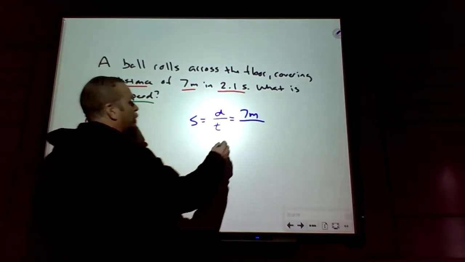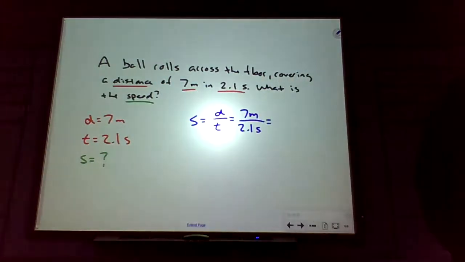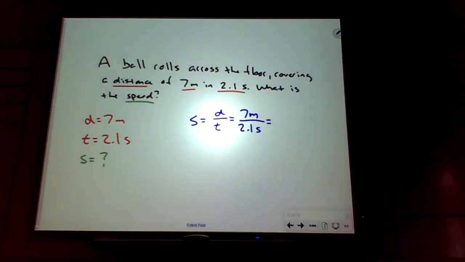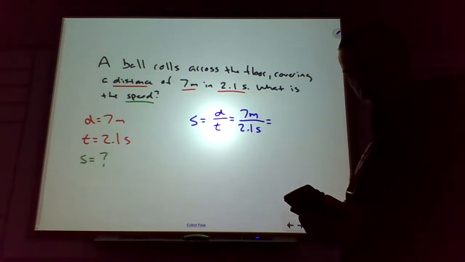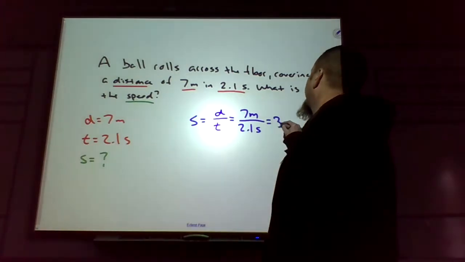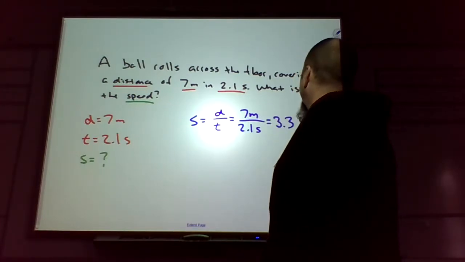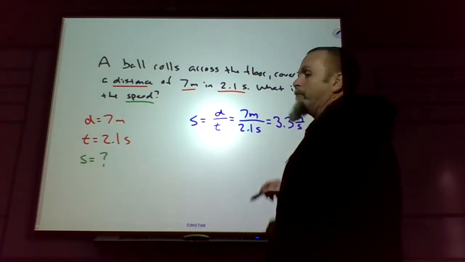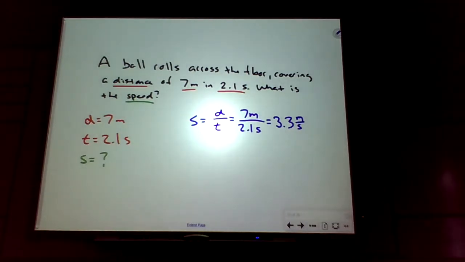Our time is 2.1 seconds. Top number divided by bottom number, or 7 divided by 2.1. That's 3.3. The unit is right here. It's meters over seconds, or meters per second. That's about as straightforward as they get.